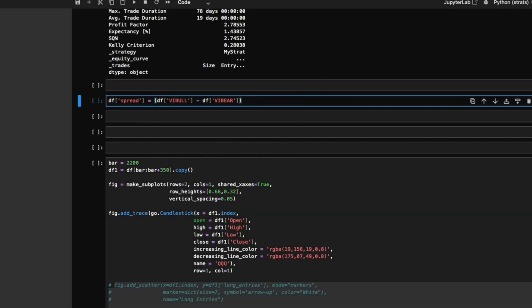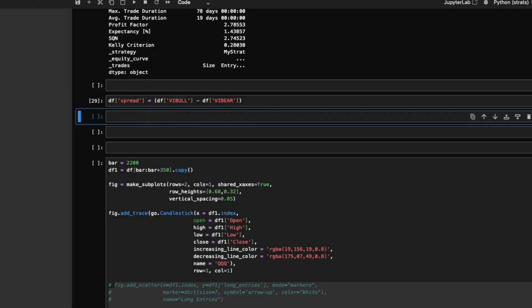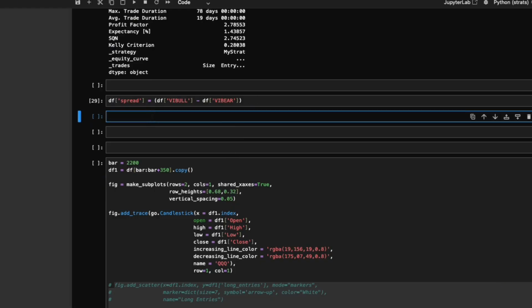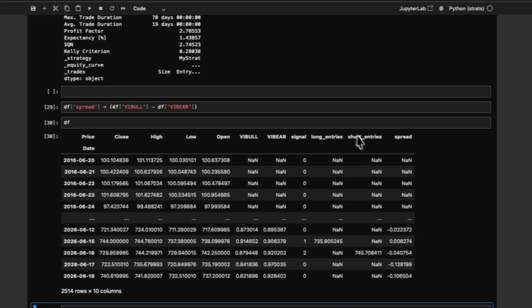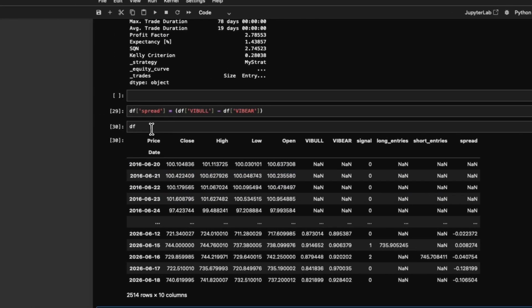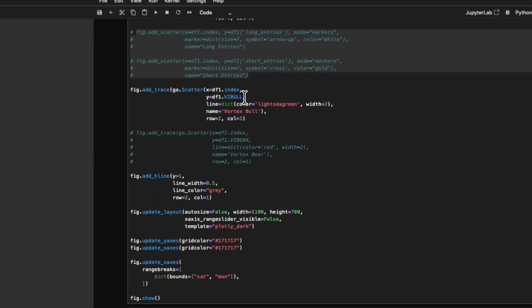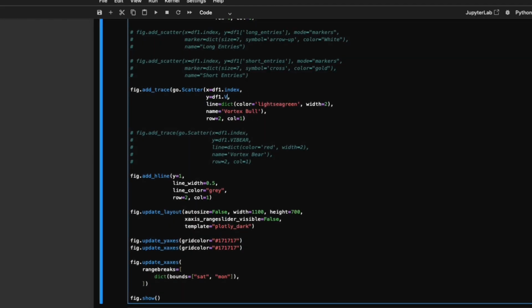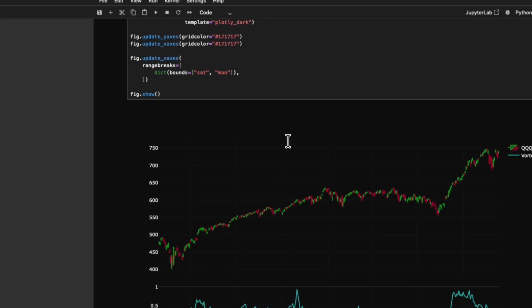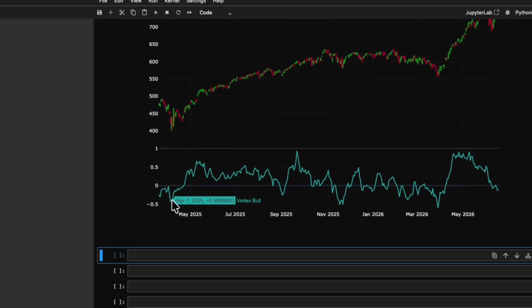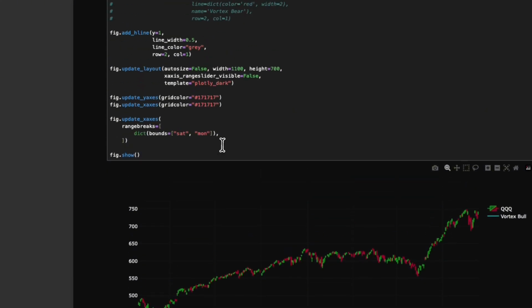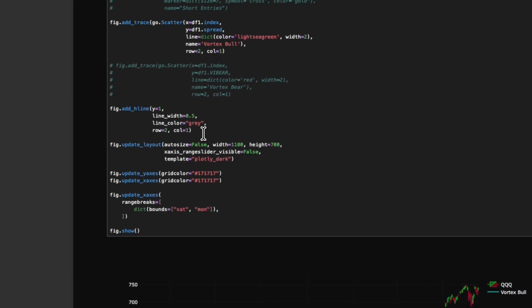If I run this now, I will have created a new column called spread within our data frame. Instead of displaying the VI bull, we're going to display that instead. If we run the chart, this is what it looks like. So now we've got the spread between the two lines. In fact, we don't need that anymore either.